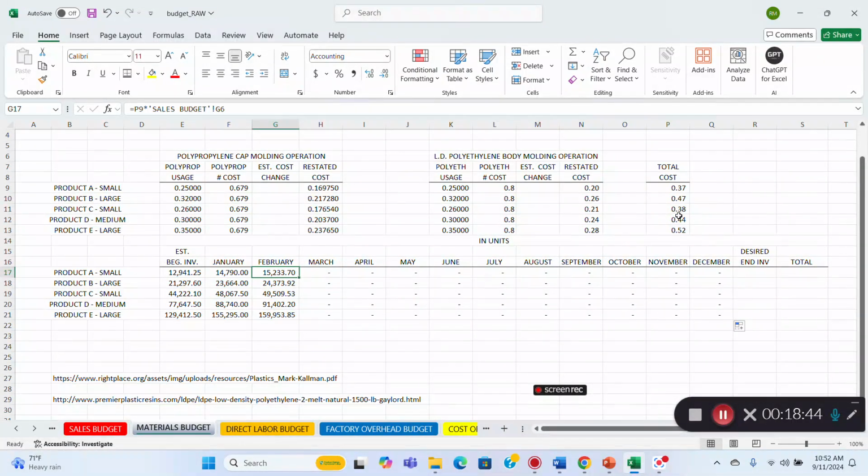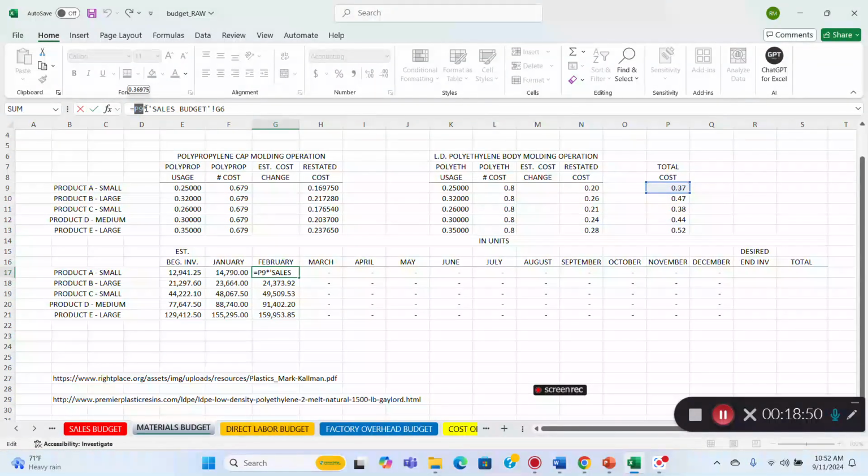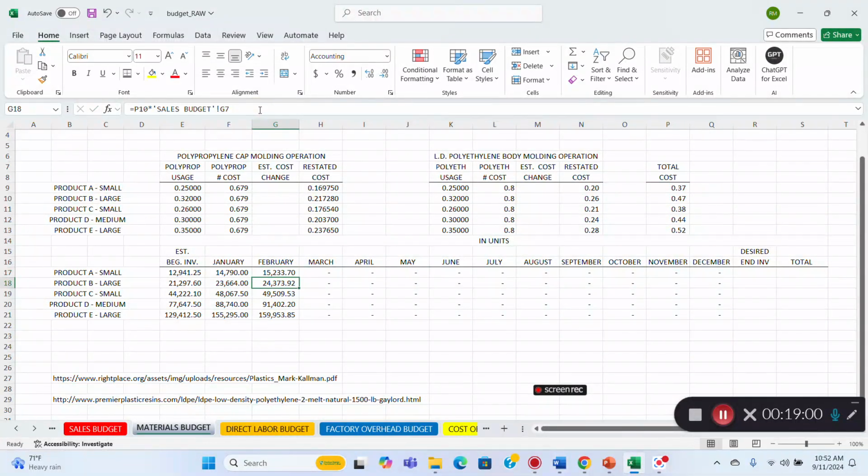Because I'm going to use these numbers over and over again, I have to have P9 as an absolute reference, like that. And then I have to do this once. I don't have to do it every single time. F4 gives you an absolute reference.